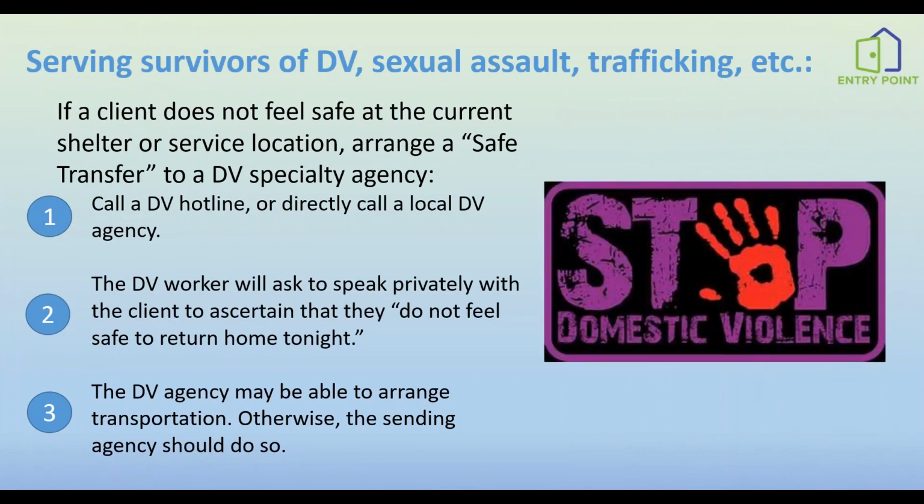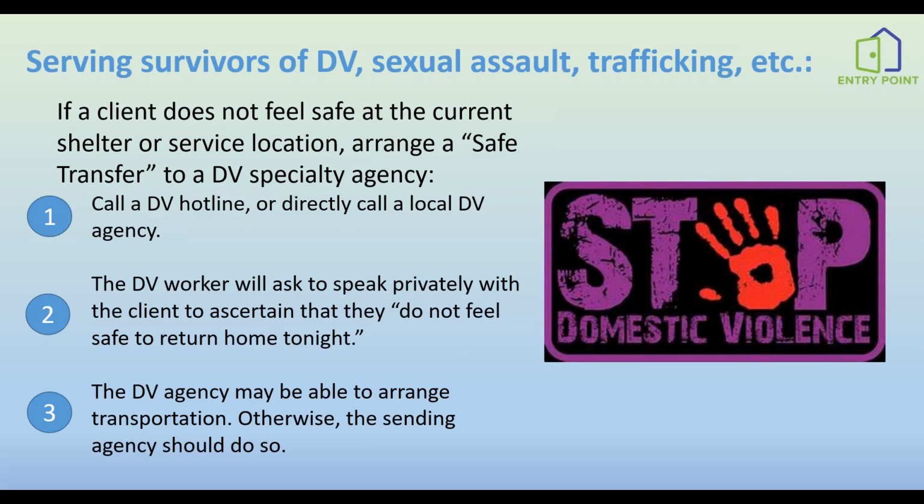So just to fill in the gaps of what we've been talking about, if a client does not feel safe at the current shelter or service location, then it's our job to arrange a safe transfer to a DV specialty agency. Most of those are at undisclosed, unpublished locations that are safer and where it's less likely that a stalker or abuser would be able to find them.